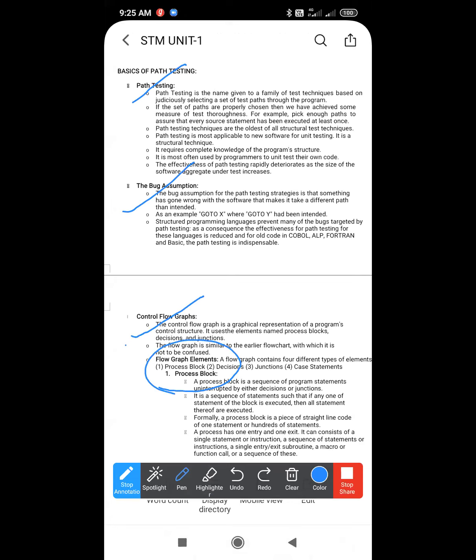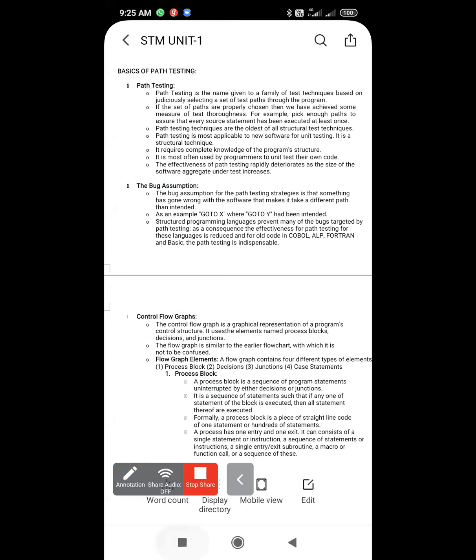Next, you should write the difference between path testing and flow graph, and also the difference between flow graphs and flow charts.